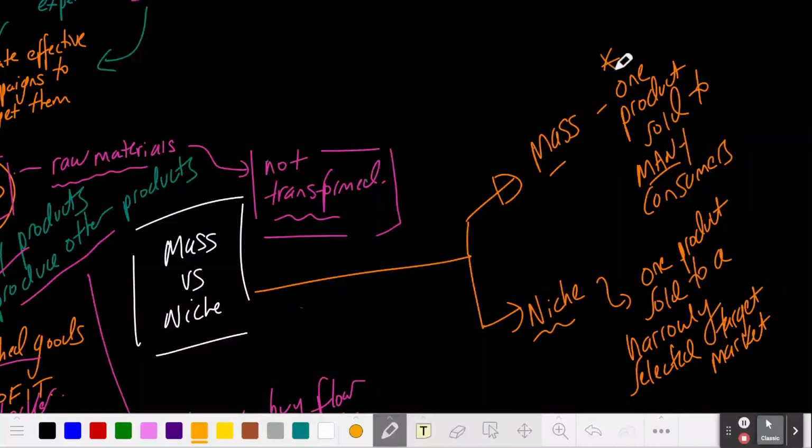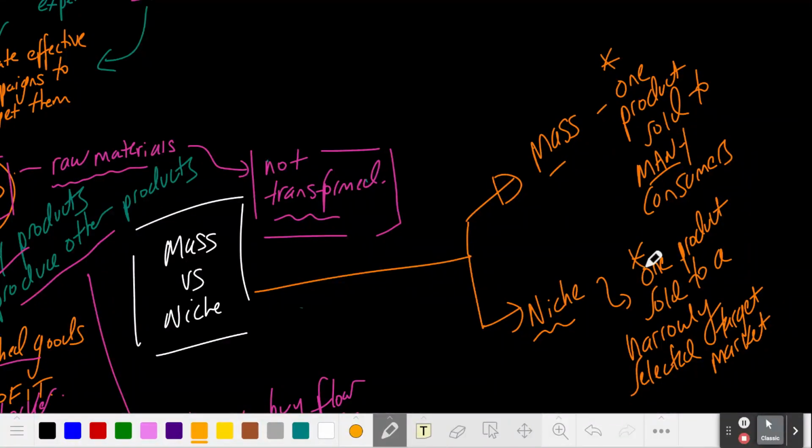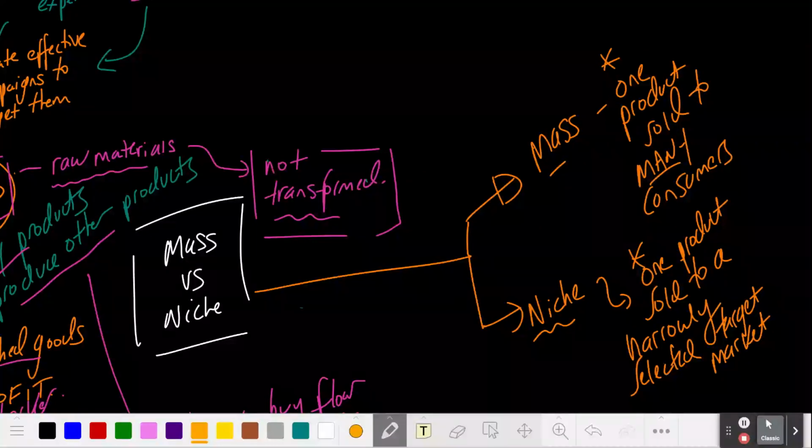So here, one product sold to a lot of people, one product sold to a much smaller number of people. And it's not saying one is better than the other, it's just saying that these are different approaches to markets and that they will apply to different products and services.